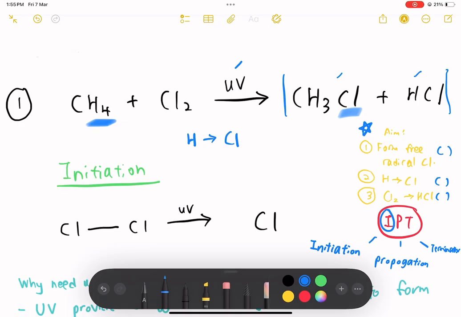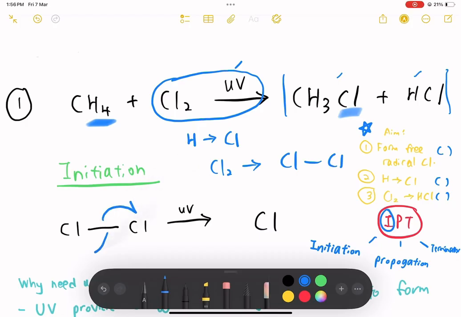So how to form free radicals? We need to use this Cl2 first. When I draw this Cl2, it can also be represented like this. The bond must break in order to form free radicals. So why is the bond not using this arrow but a half-headed one?